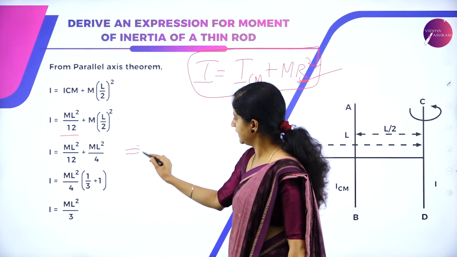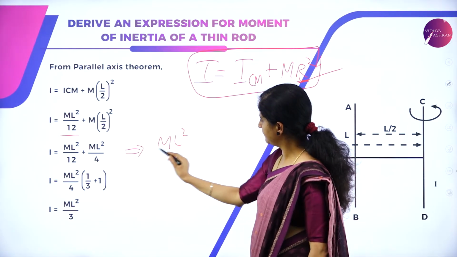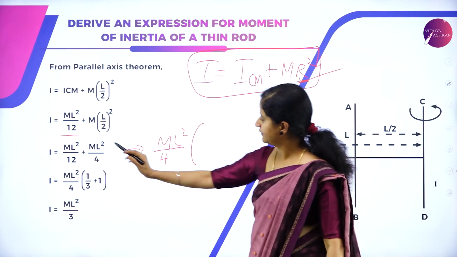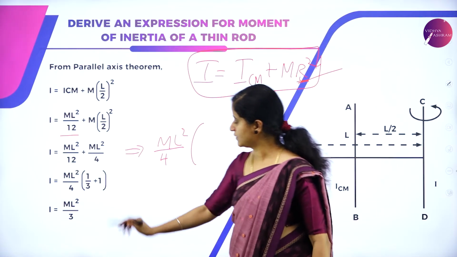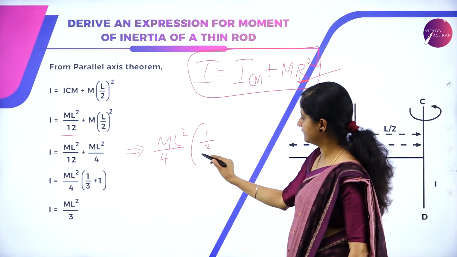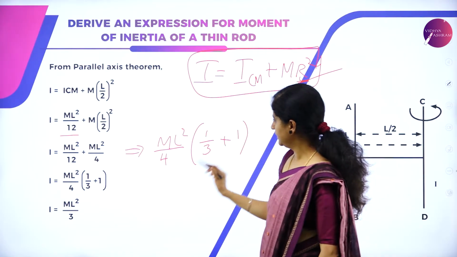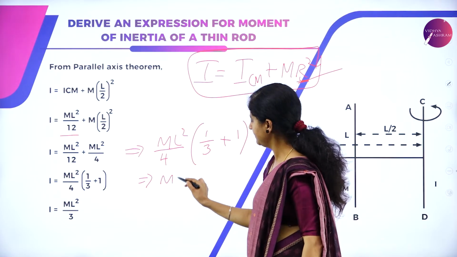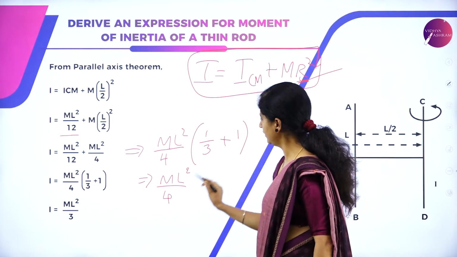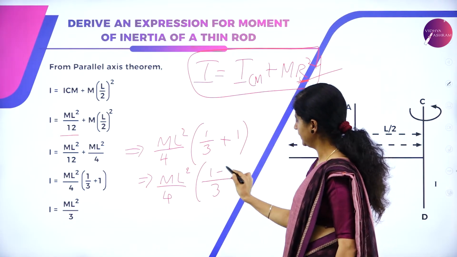From this I can take ml square divided by 4 common, and taking ml square by 4 outside, I remain with 1 by 3 plus 1. Taking the LCM, ml square divided by 4, with 3 in the denominator, 1 plus 3.